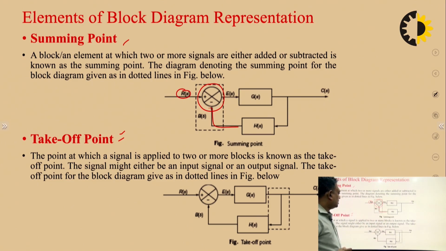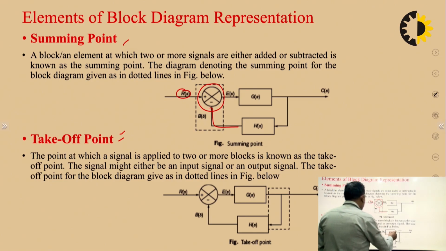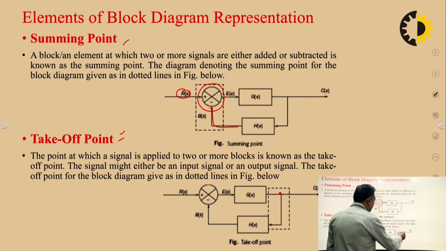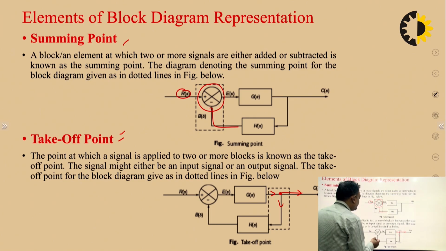Another element is the takeoff point. The takeoff point is the point at which a signal is applied to two or more blocks. You can see one signal coming from here, one going in this direction and one going in that direction.